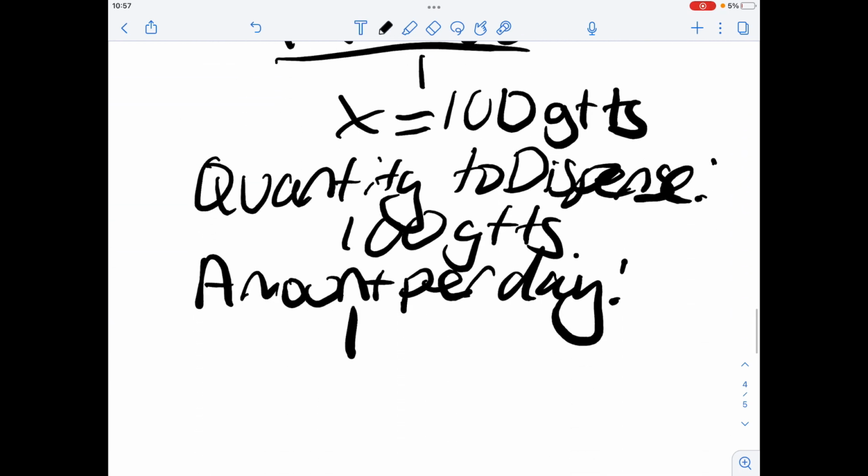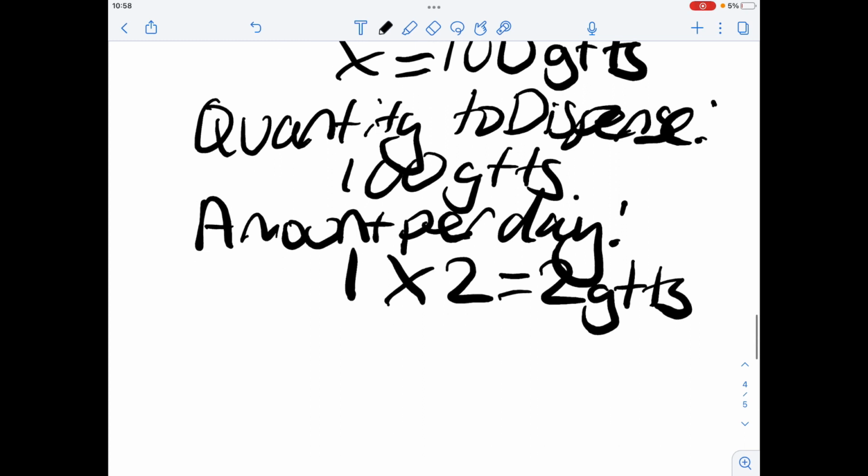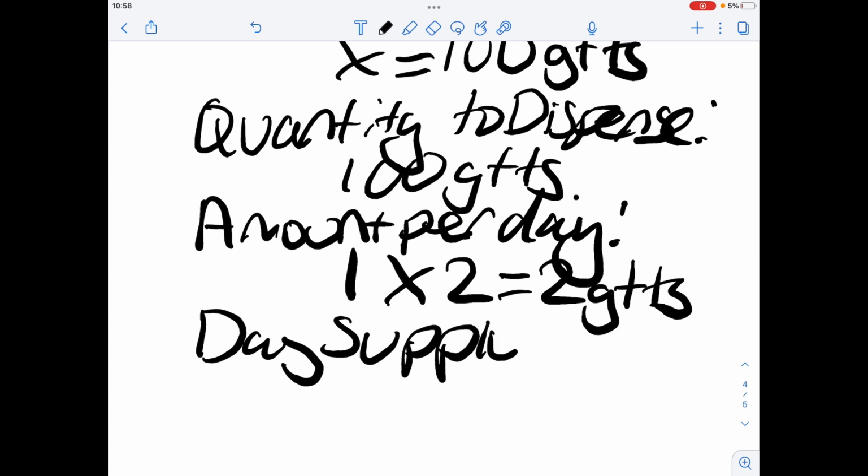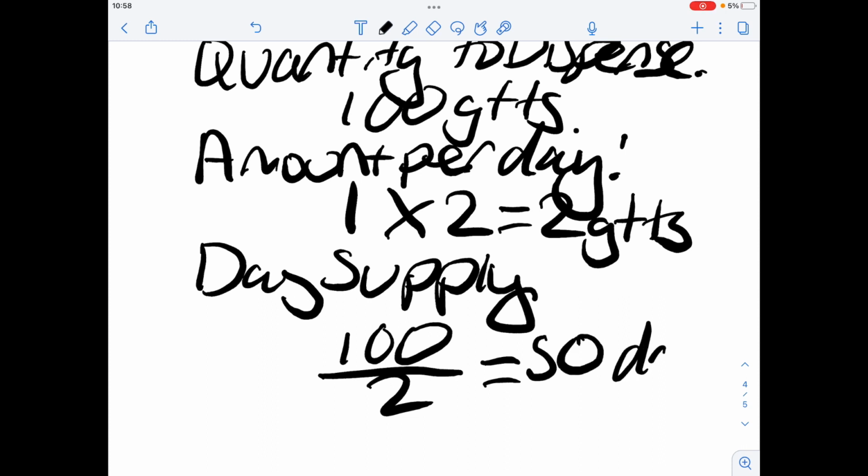So 1 times 2 equals 2 drops. And our day supply is the quantity to dispense over amount per day. So 100 divided by 2 equals 50 days.